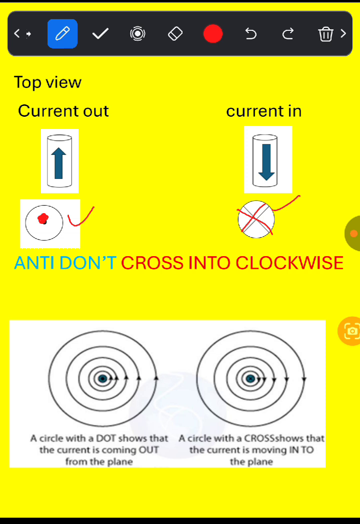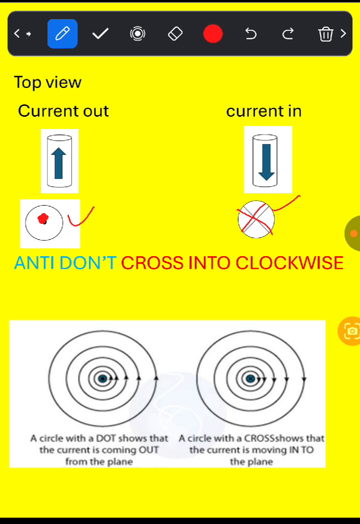But we now want to determine the direction of the magnetic field. So to determine it, you use the right-hand rule.